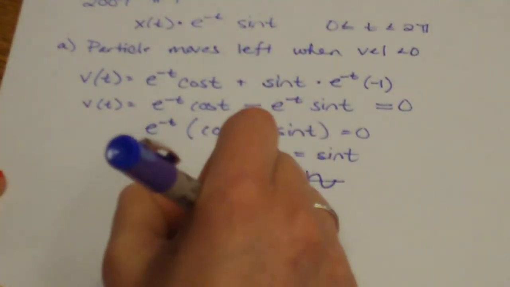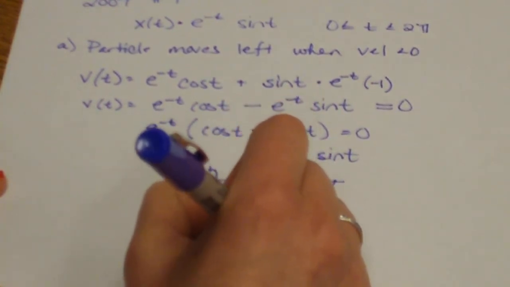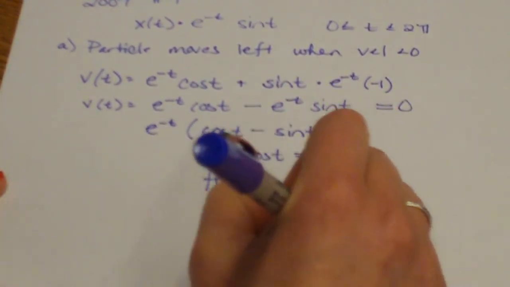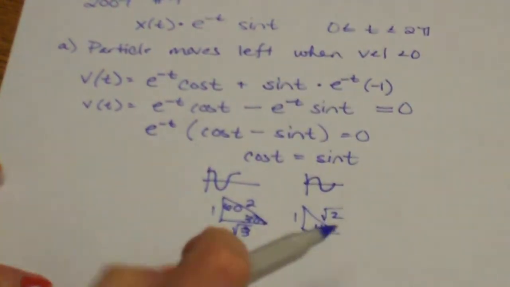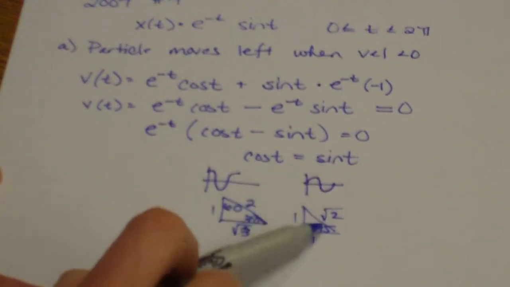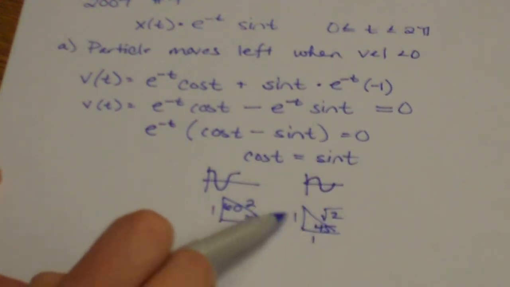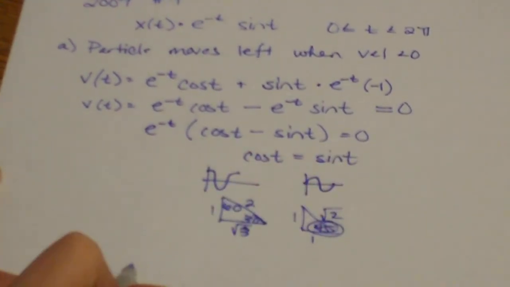If I look at my triangles, 30, 60, 1, 2, radical 3, and then my 45, 45, 90, 1, 1, radical 2. Here's something. If I look at 45 degrees, cosine is a over h and sine is o over h, which is going to be the same because the o and the a are the same size. So I'm talking 45 degrees.